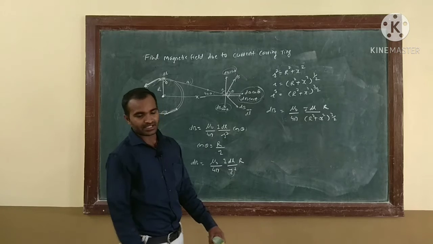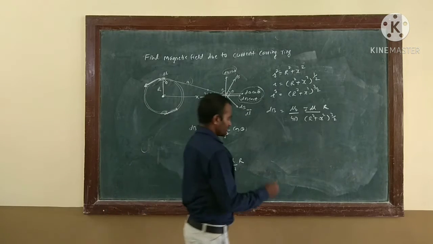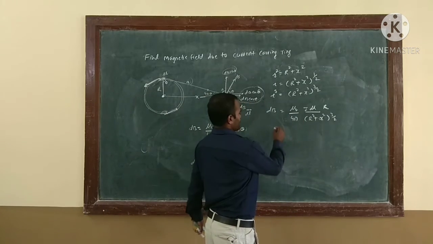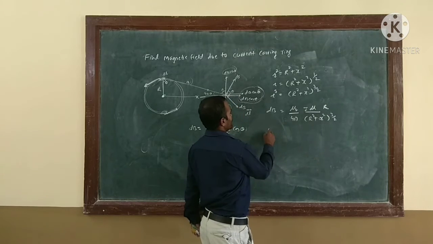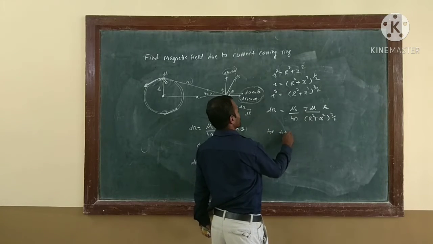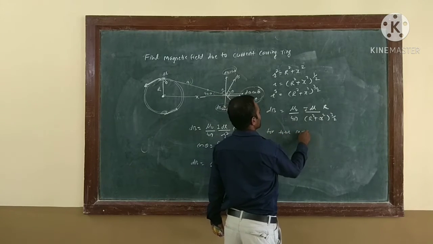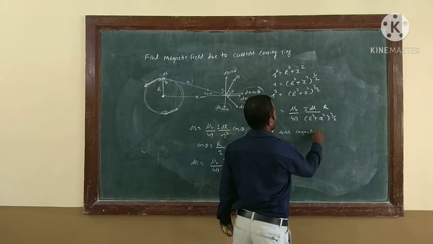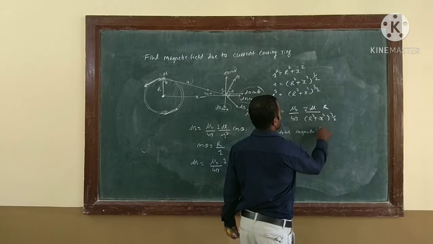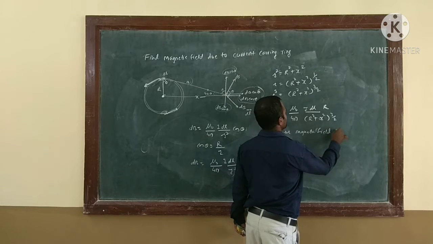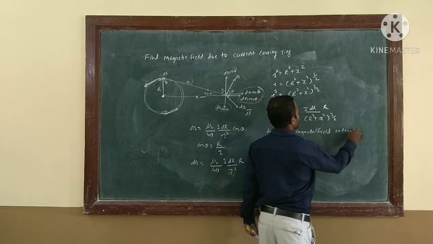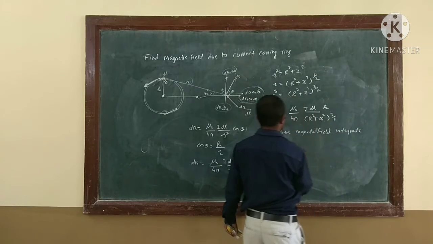We have to determine the magnetic field due to the whole ring. So for the total magnetic field, integrate the above equation.